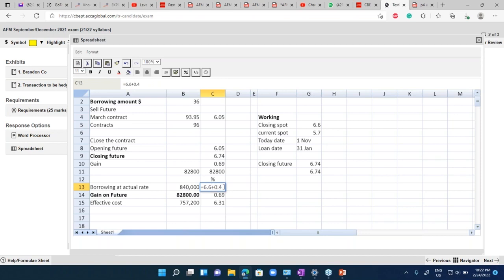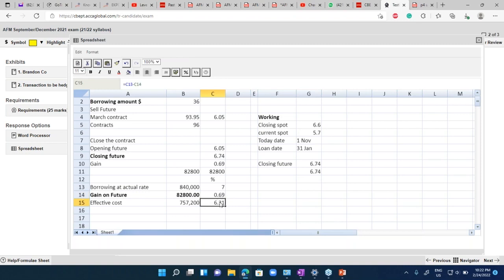Plus, whenever you are doing the borrowing, you have to pay the spread, that is 0.4. Spread will always be considered in the last step. So 6.6 is the base rate, 0.4 is the spread. So your borrowing cost will be 7%. Gain on future is 0.69. So the net cost will be 6.31.